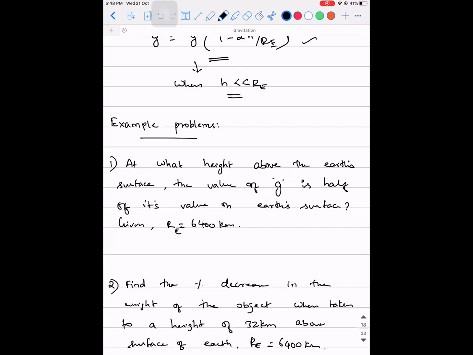Because I told you there are two formulae, right? What are the two formulae, guys? G dash will be equal to GME divided by (RE plus H) the whole square, or G dash is equal to G into (1 minus 2H by RE).